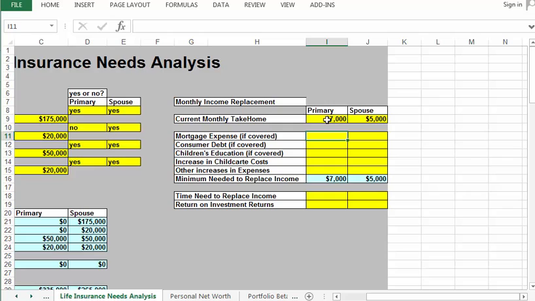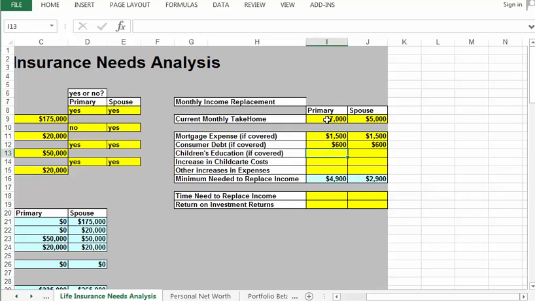What's the mortgage expense, if it's going to be covered? Let's say on a monthly basis we pay $1,500 on the mortgage. What about consumer debt? Let's say the consumer debt is $600.